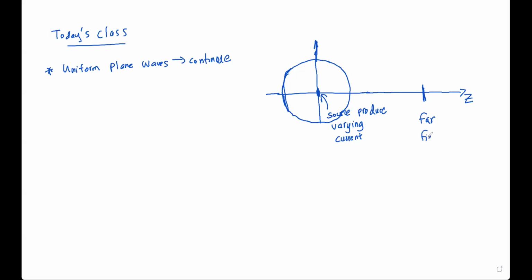When we are in the far field, we are considerably far from the source of the varying current. At this location, we still can observe radiation. The radiation will still be in a spherical manner around the antenna.